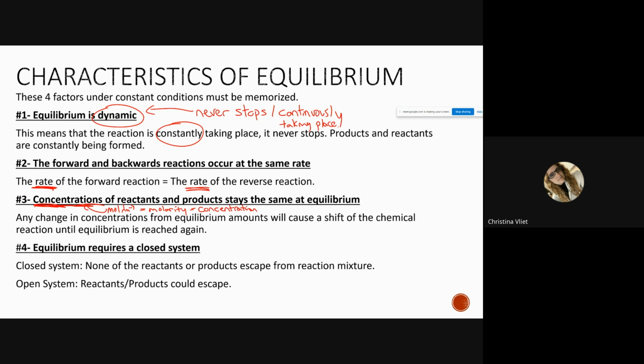Finally, equilibrium requires a closed system. It's exactly what you think it means. Put a lid on it, right? A closed system means that none of your reactants or products can escape. If you put a lid on it, or a stopper, it will hold gases.